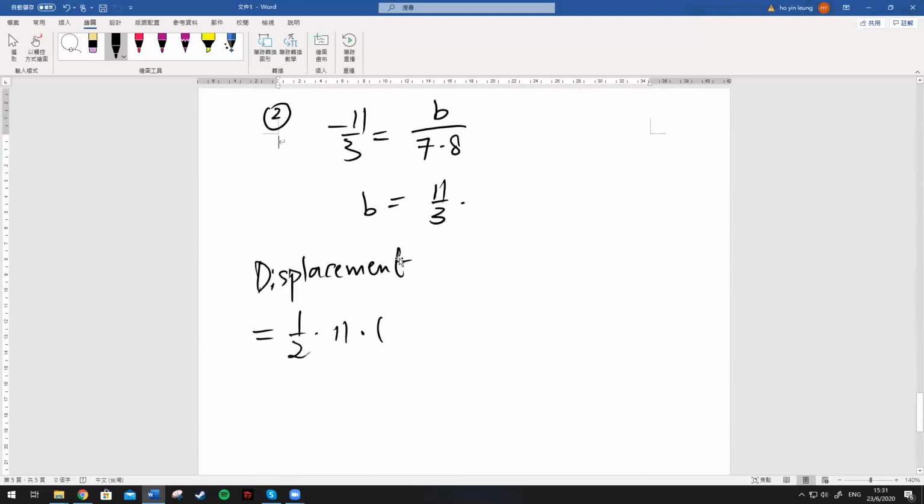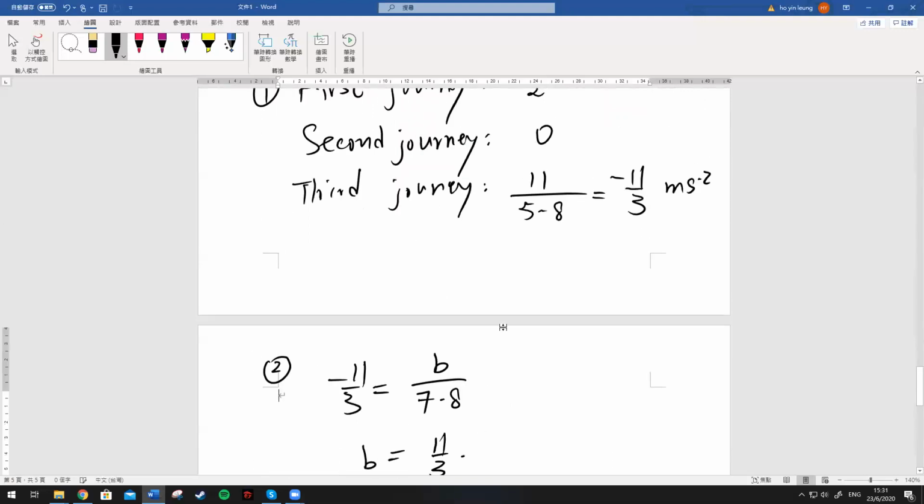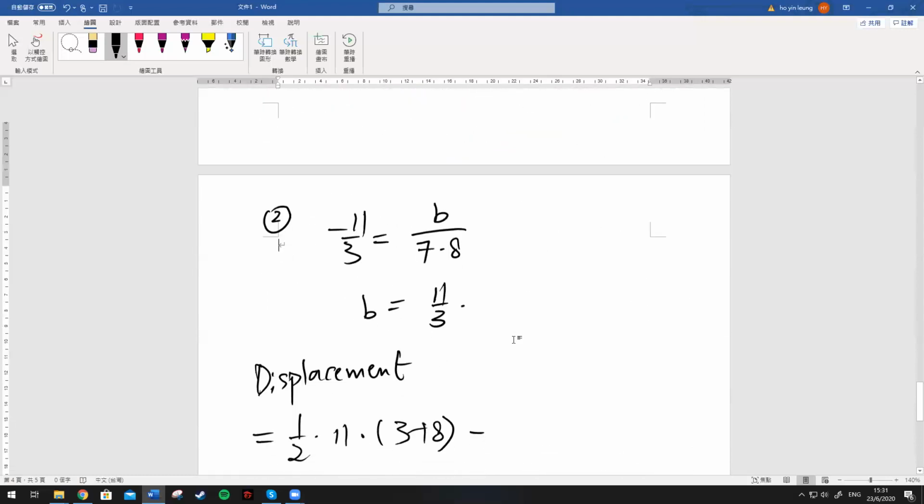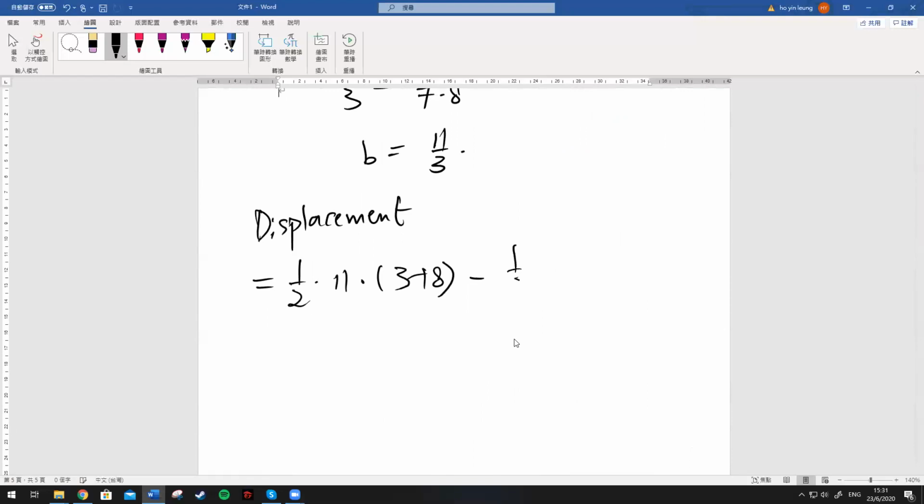So 3 plus 8, and then minus the area of this triangle. This triangle has an area of a half times b times 1. So you can get the answer right away.